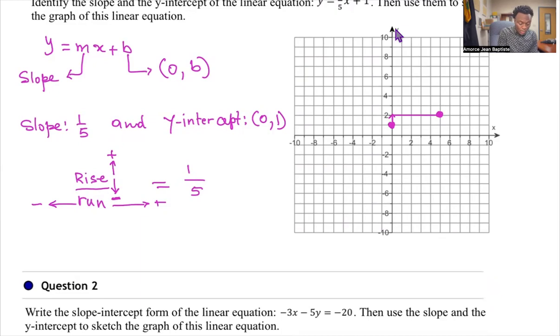I can do it again. If I go down one, well, I can just connect to avoid all extra work. That's question number one.